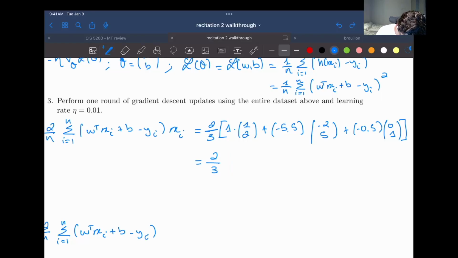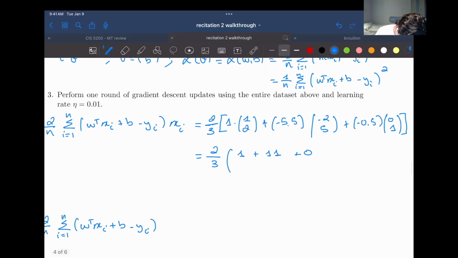Okay, let's just write a big vector now. 1 minus 5.5 times minus 2 is going to be plus 11. And then this is 0, right? So that's it. Oh, plus 0, if you will. And then below, it's going to be 2, and then minus 5.5 times 5, it's minus 27.5 minus 0.5.